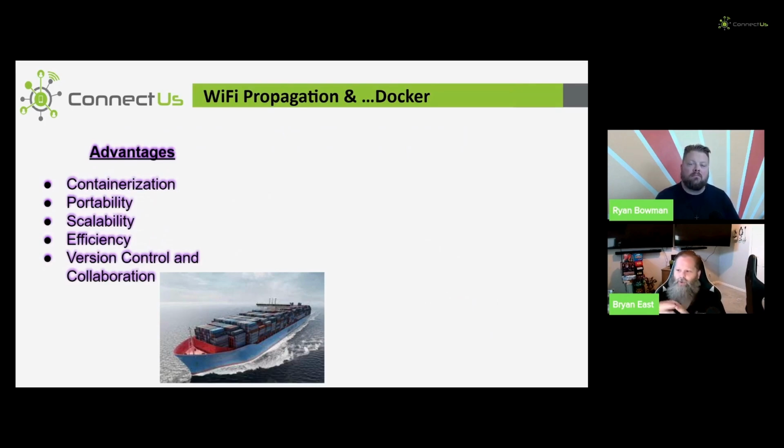So this is when software is developed in a Docker containerized environment, you've got a handful of abilities here. First, the containerization. That technology creates isolated environments. They're called containers, and the applications can run consistently across different computing environments. It allows the applications to be bundled with their dependencies.